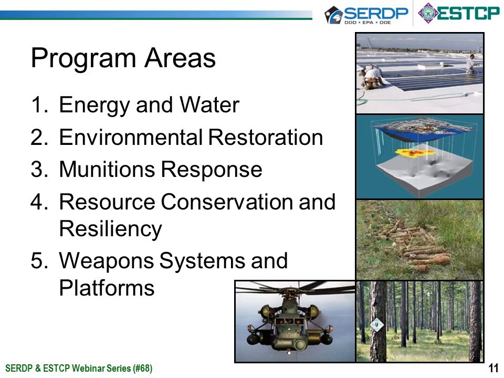There are 4 program areas in CERTIP and 5 in ESTCP. The Energy and Water program area is only in ESTCP, while the other 4, environmental restoration, munitions response, resource conservation and resiliency, and weapon systems and platforms, are CERTIP and ESTCP programs managed jointly by a designated program manager.